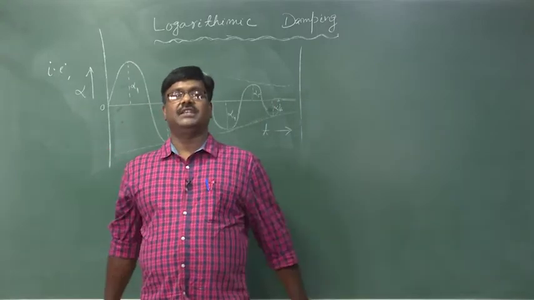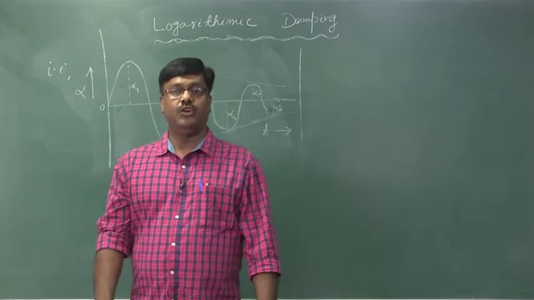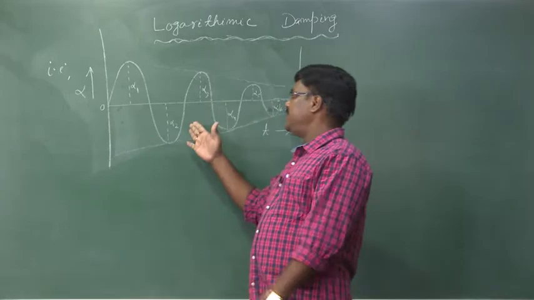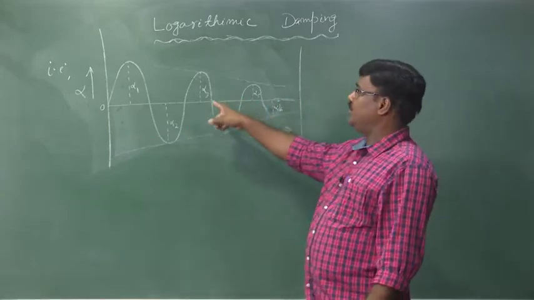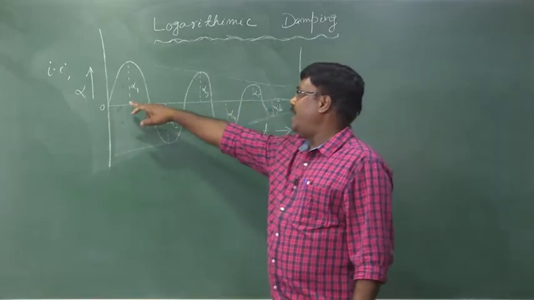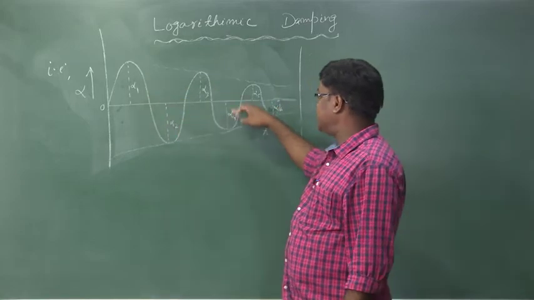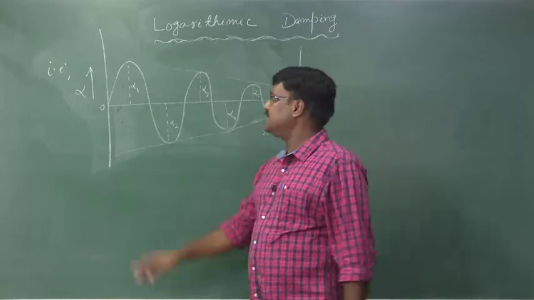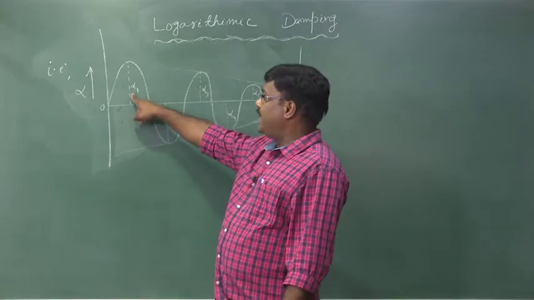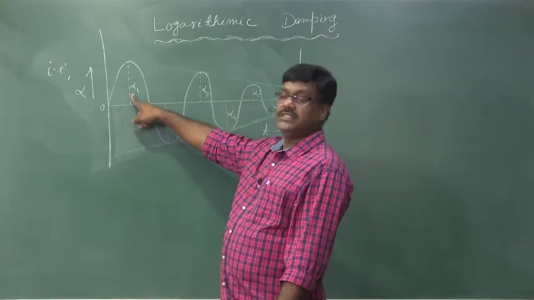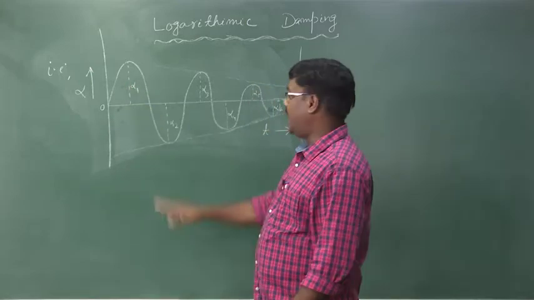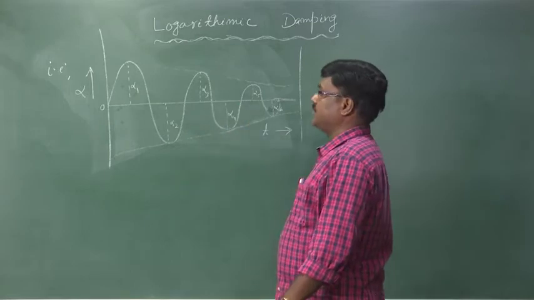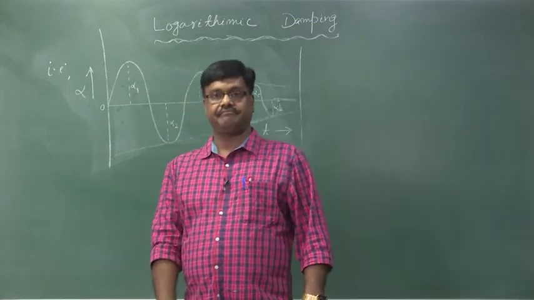In our previous class, we discussed electromagnetic damping, and we have already shown that due to electromagnetic damping the amplitude gradually decreases exponentially. The deflection in the first throw is maximum, and it gradually decreases with the successive deflections.